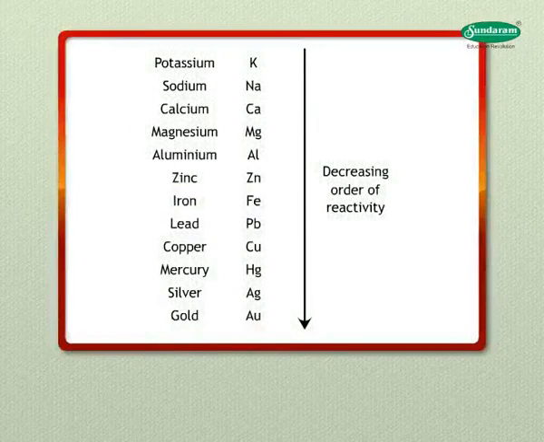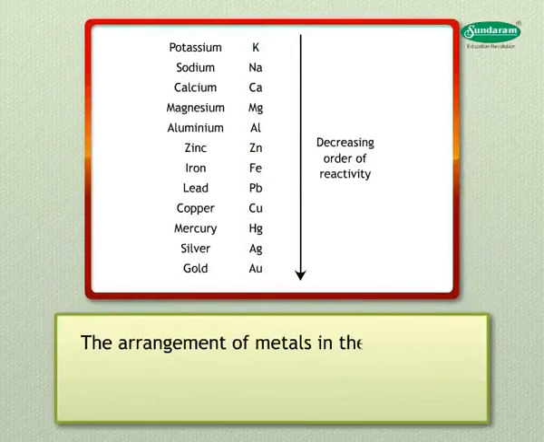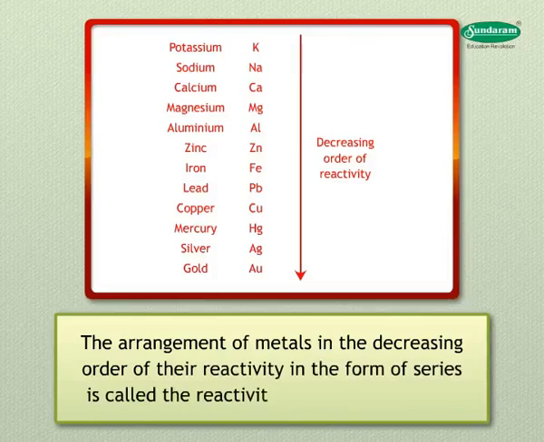You have learnt how the reactivity of elements differ for different metals. The arrangement of metals in the decreasing order of their reactivity in the form of a series is called the reactivity series of the metals.